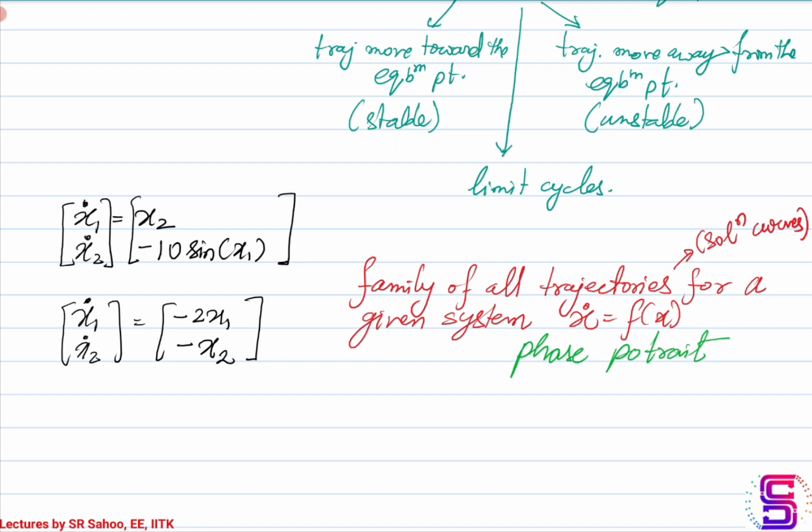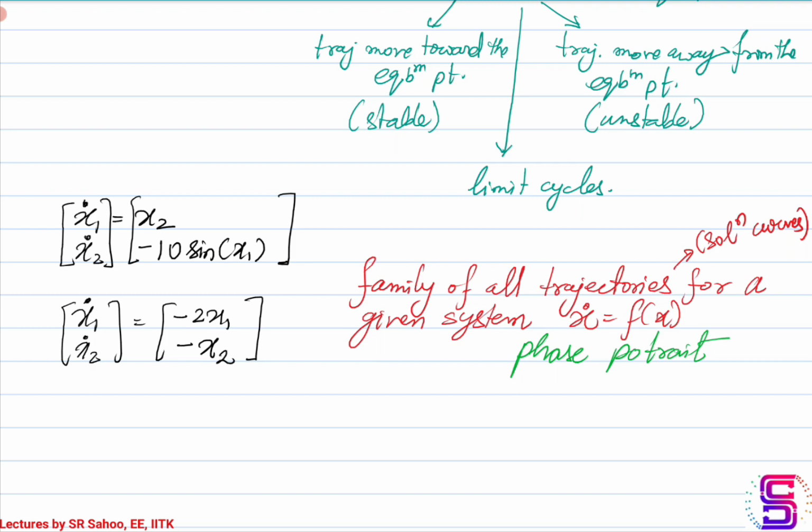Now, I would not say the problem, but we have a limitation with respect to these state plane trajectories that we plot on the state plane, and that is, once we plot the trajectory on the state plane, we lose the information of how x1 and x2 have evolved with respect to time.